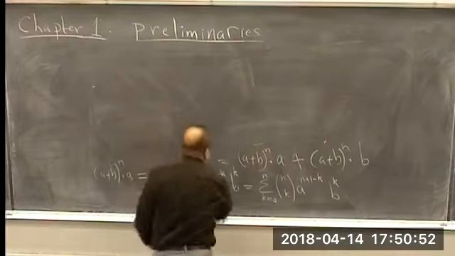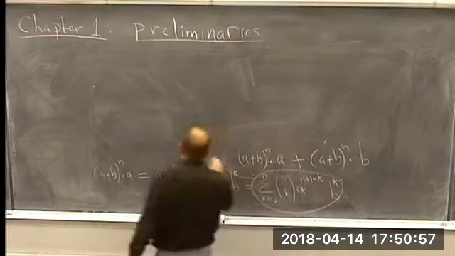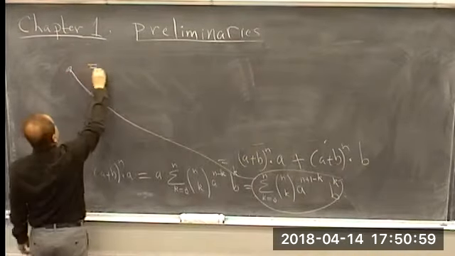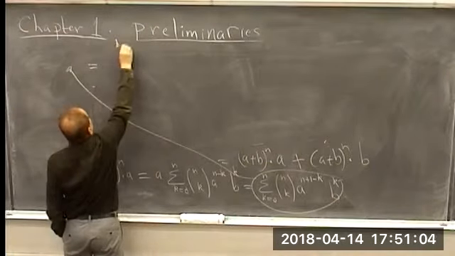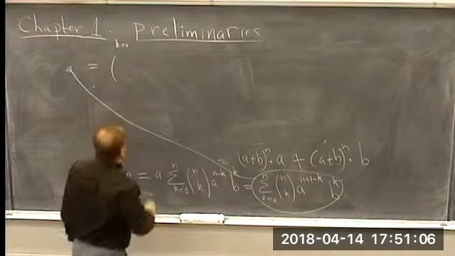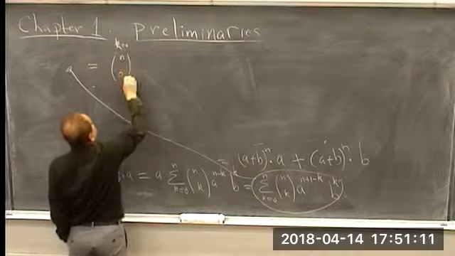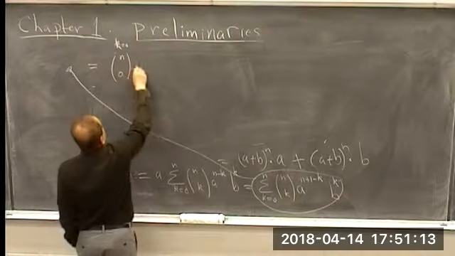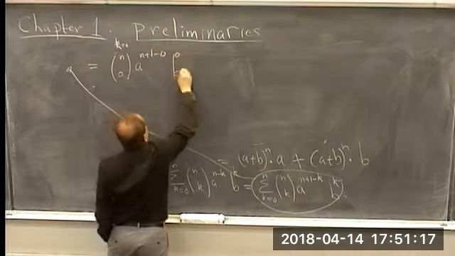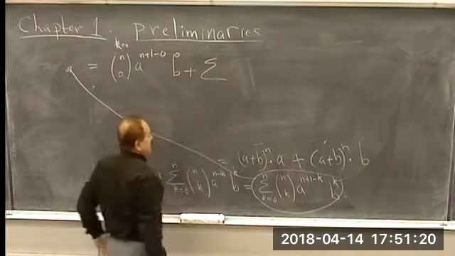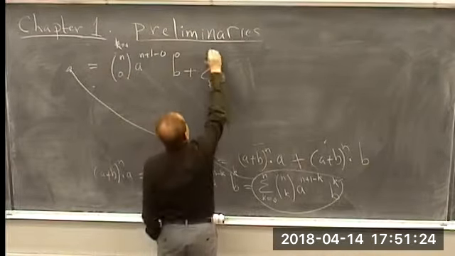So let me go from here. So I want to pull out k equals 0. So it becomes n choose 0, so this is k equals 0. All right, then a to the n plus 1 minus 0, and b to the 0. And then all other terms, it's going to start from 1 to n.